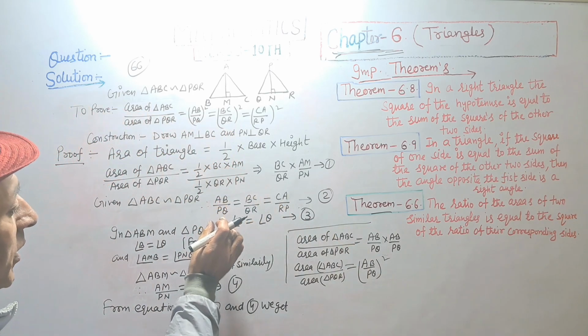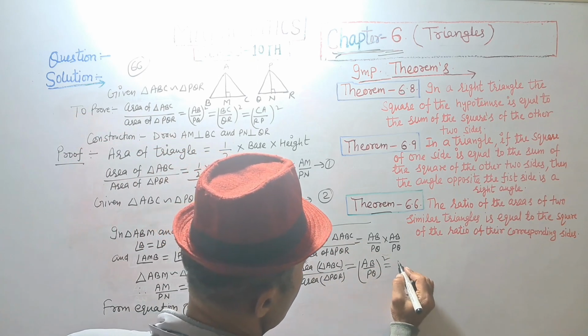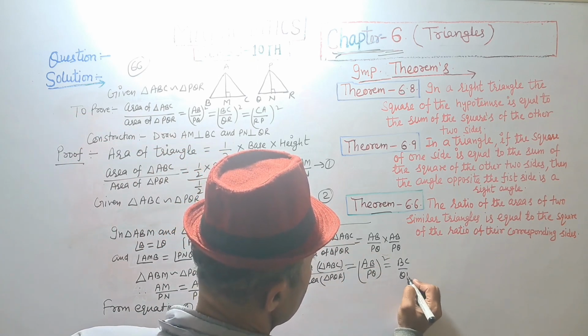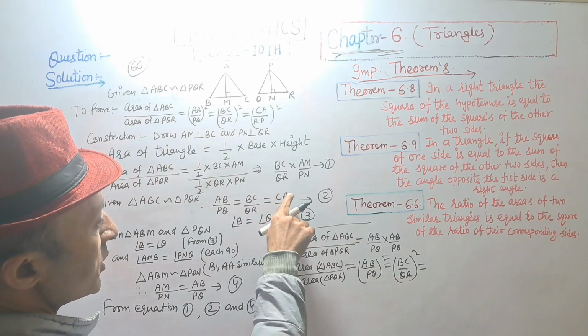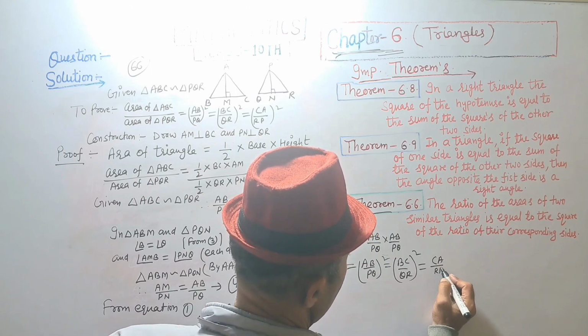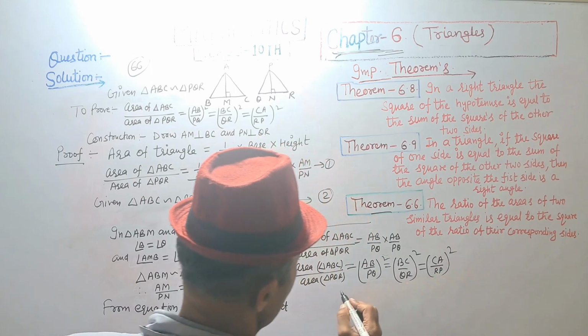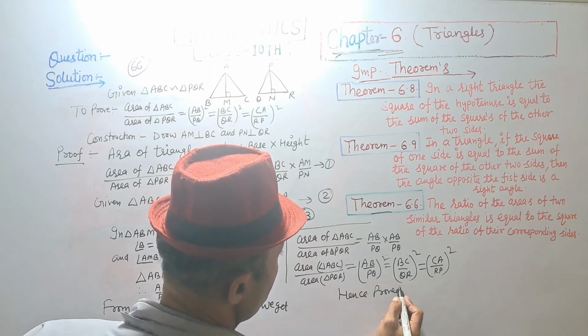And AB upon PQ is equal to BC upon QR, and that is equal to BC upon QR square, and that is also equal to CA upon RP raised to power 2. Hence proved.